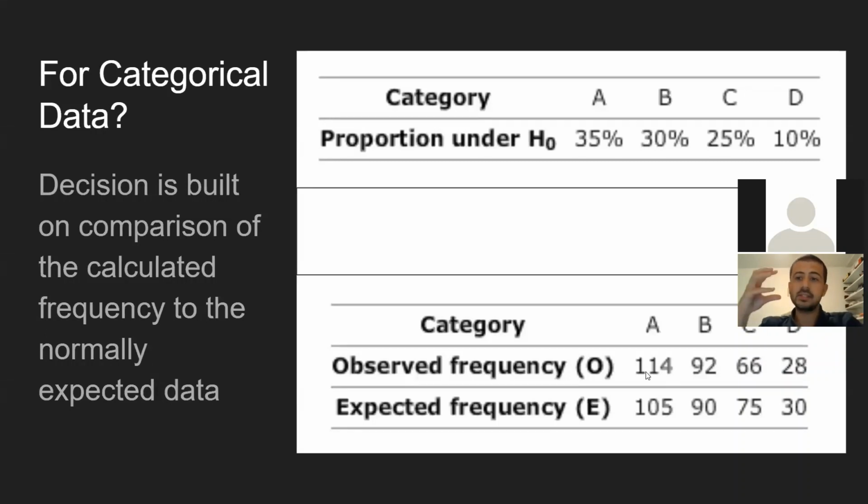What does the statistical test mean? I give these numbers to the statistical test and I tell it that the normal proportions should be like this. So it takes those percentages and applies them to my sample. My sample, let's say, for example, is 300. And it has the expected frequencies.